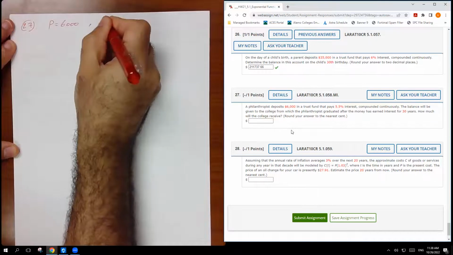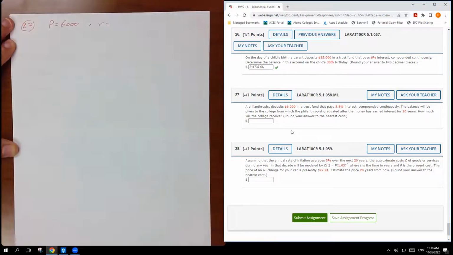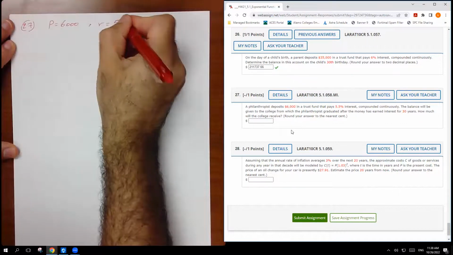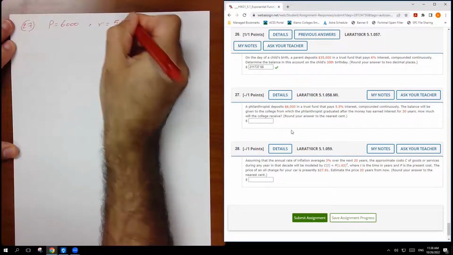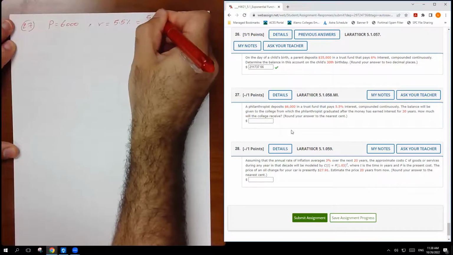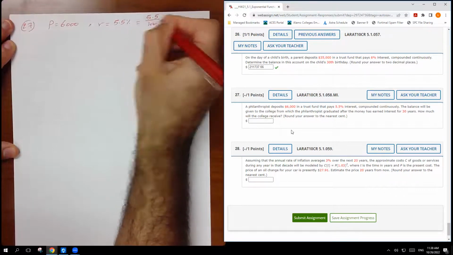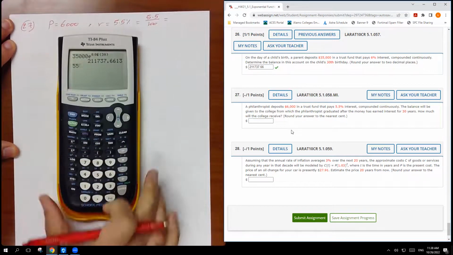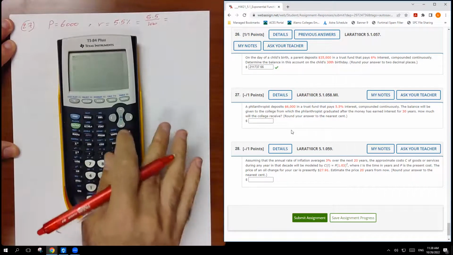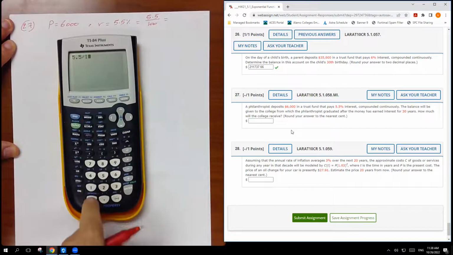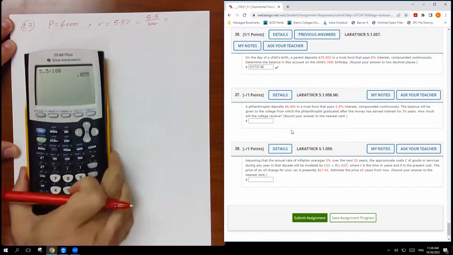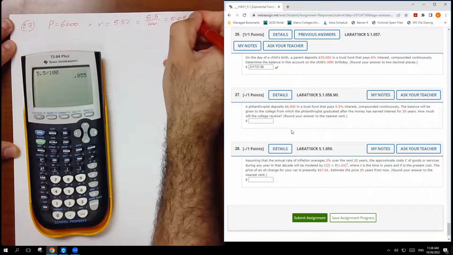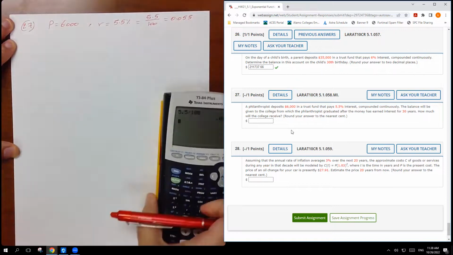And the rate is 5.5%, which is equal to 5.5 divided by 100. So it's going to be 0.055. This is the rate you're going to use.